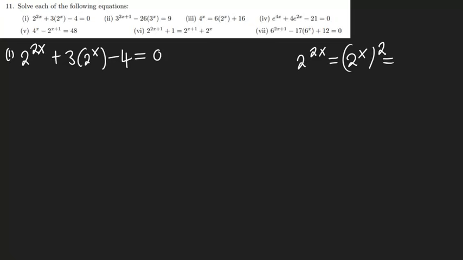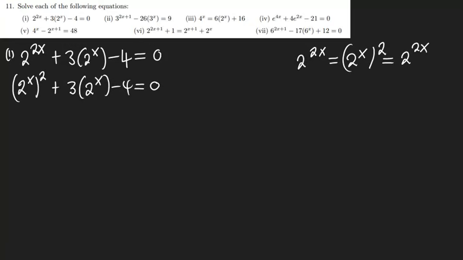If you say 2 multiplied by x, it's going to be 2x. So this part here can also be written as (2^x)^2, plus 3 times 2^x, then minus 4, and this is going to equal 0.